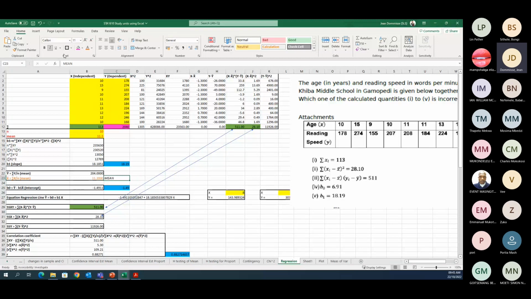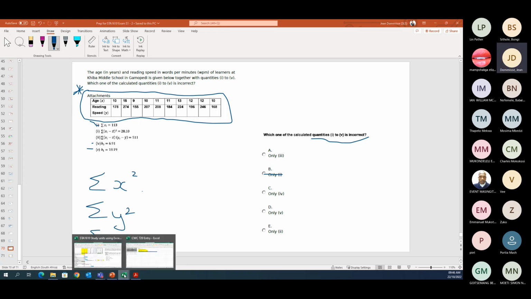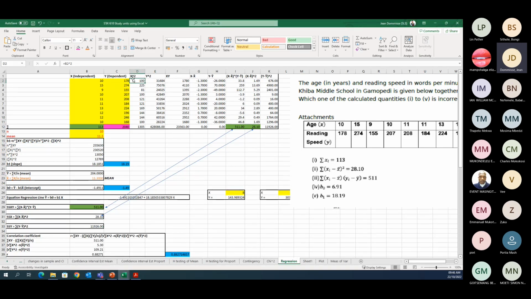Okay, so what you will see is included in here is if I ask you other things, that is all being calculated in here. So the sum of x to the power of 2, there it is.